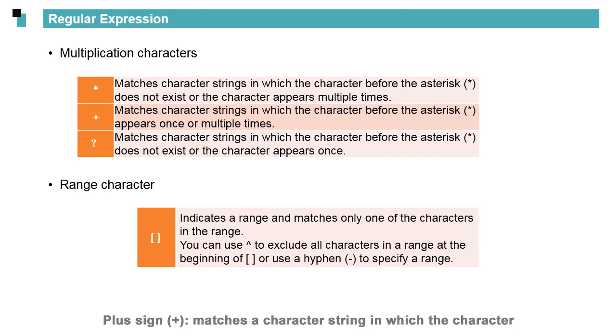Plus sign matches a character string in which the character before the plus sign appears once or multiple times. Question mark matches a character string in which the character before the question mark does not exist or the character appears once. Square brackets indicate a range. You can also use a hyphen to specify a range.